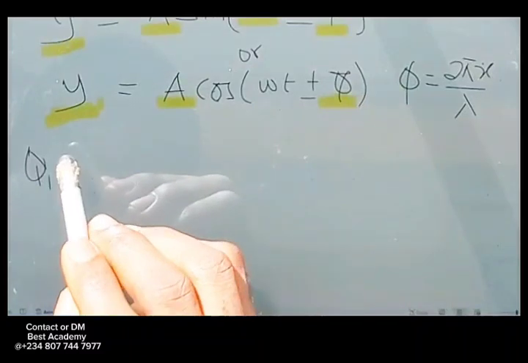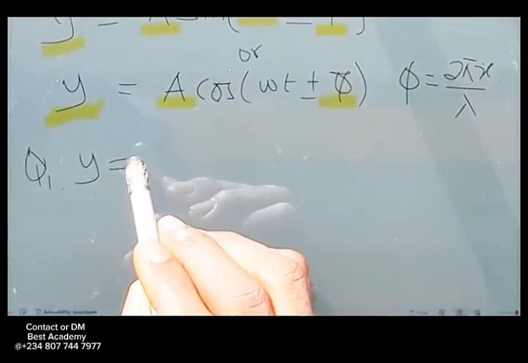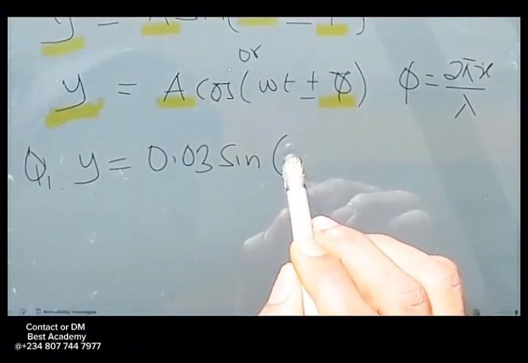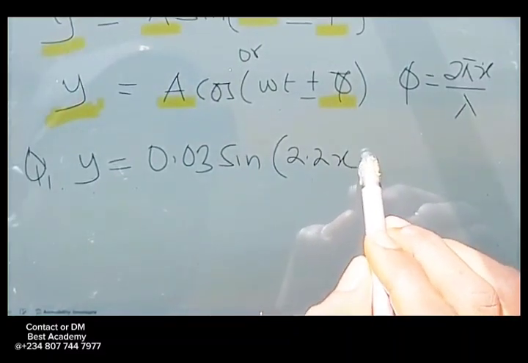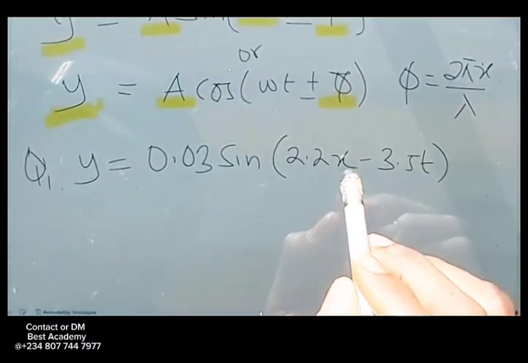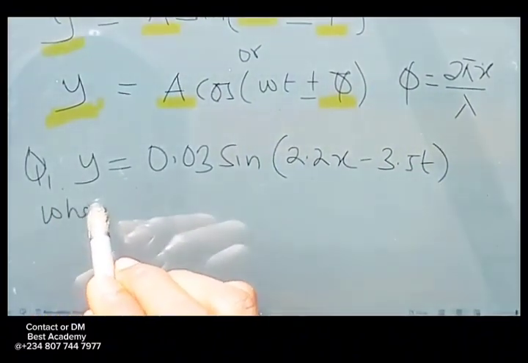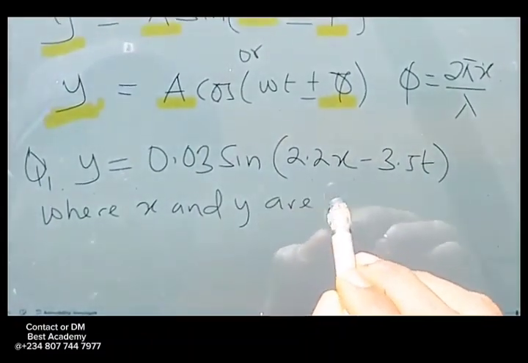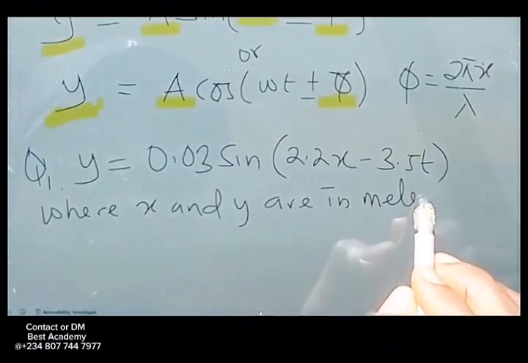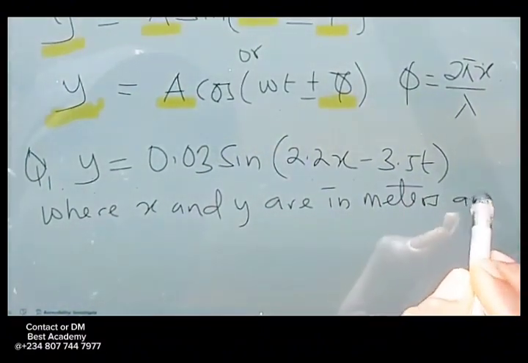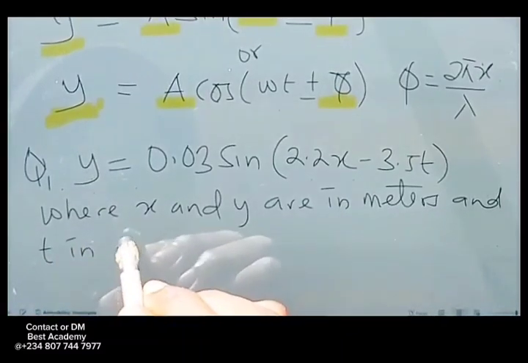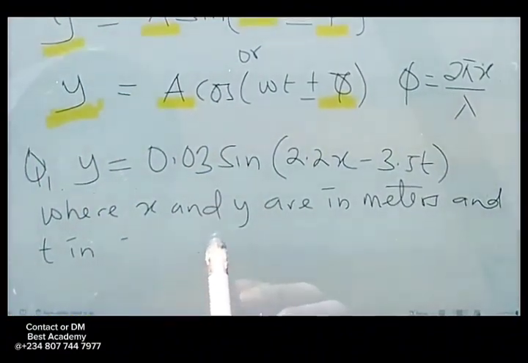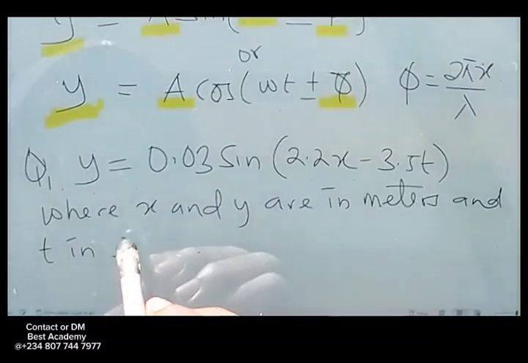We have y equal to 0.03 sine of 2.2s minus 3.5t, where s and y are in meters and t is in seconds.